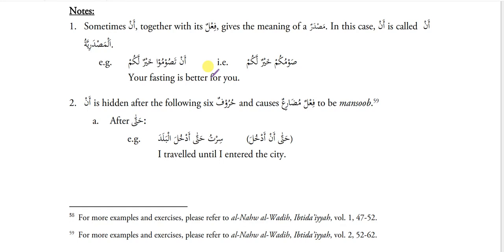So we understood that fail has some tense inside it, and that's the major difference between ism and fail. Ism also has a single, independent meaning, but it does not have any tense inside it. But in fail, there is no existence of any fail without tense. So for fail, we require tense. But an masdariya is a harf which has the power to remove the tense from the fail.